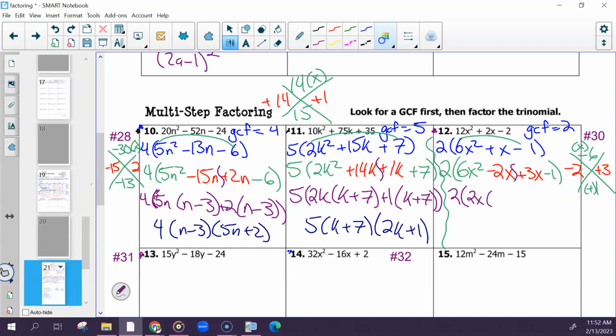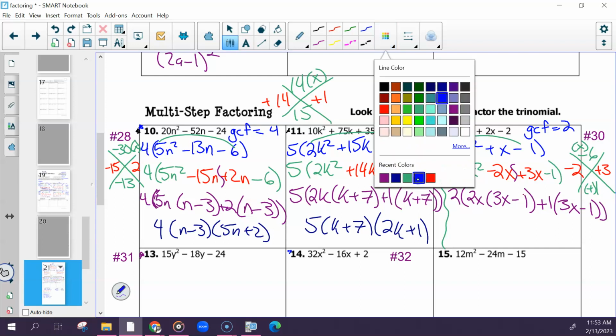And then if we divide those two by 2x, what's left? 3x. Do these last two have something in common? One. Which would just leave us with 3x minus 1.